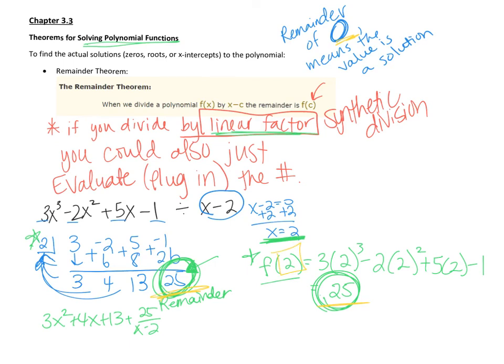Now in this case, we plugged it in and we did not get a remainder of 0, so therefore 2 is not a solution. But really the remainder theorem just gives you that option of saying, I can either do synthetic division or I could simply plug in the value to know what the remainder is.